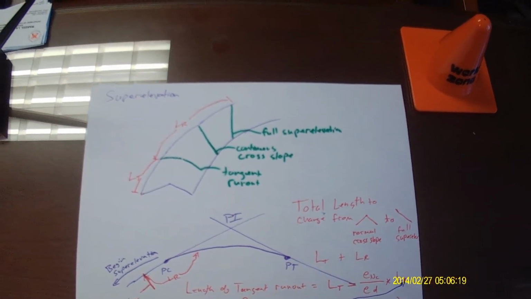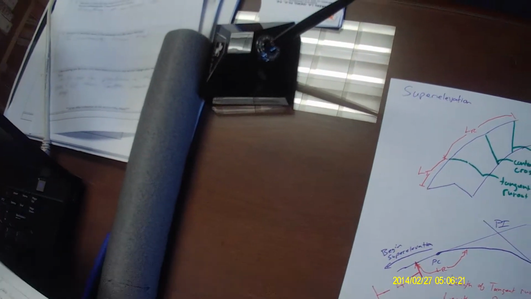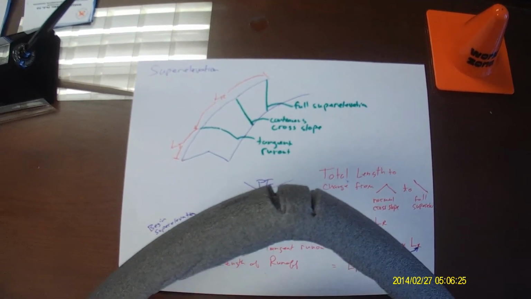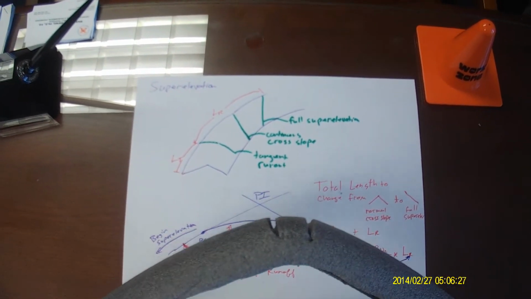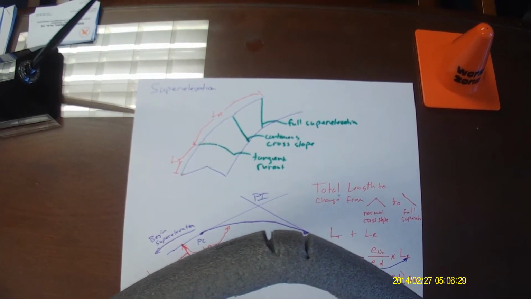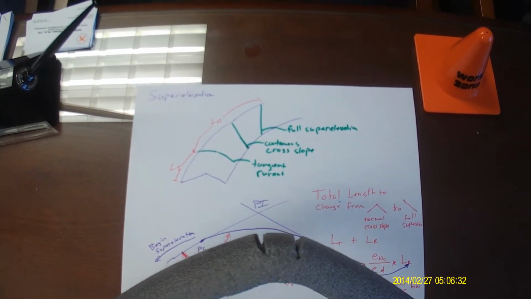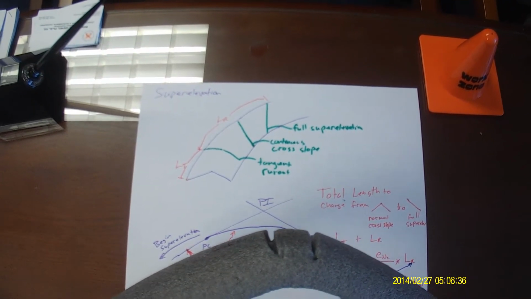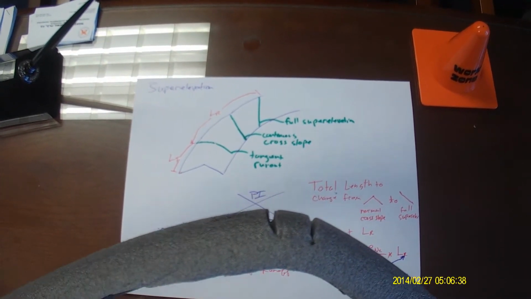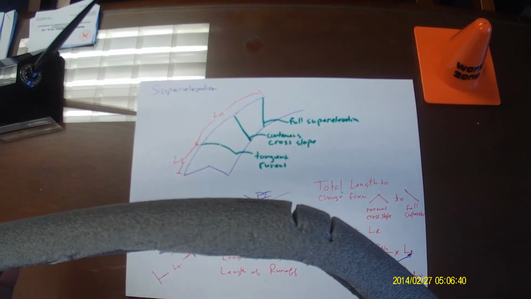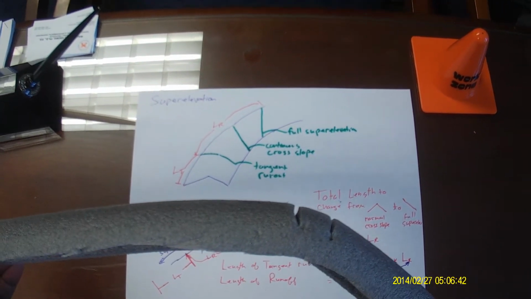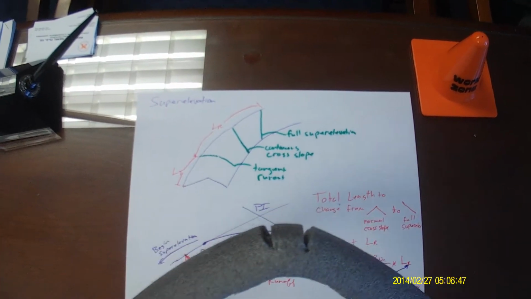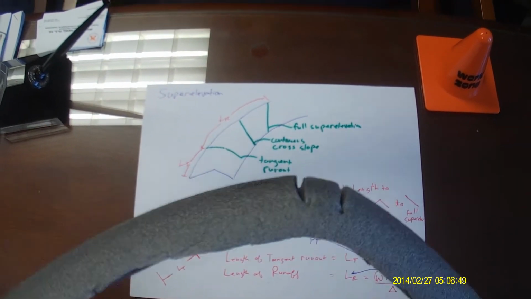All right, well, what does that look like in the actual demonstration? Well, you can imagine this is my cross slope, and to go from a normal cross slope to a length of tangent runout, basically L sub t, you're gradually going to increase your roadway on the left side here to this position. So the length required to go from here to here is your L sub t.